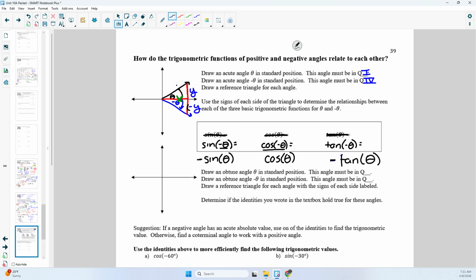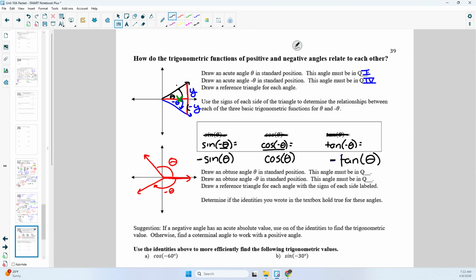We're going to see that this works, and this isn't the main point, but if we did an obtuse angle, it would work too. So we're going to draw another angle, and this time an obtuse angle in standard position and the same negative obtuse angle in standard position.